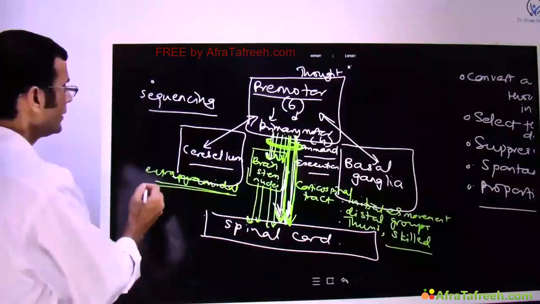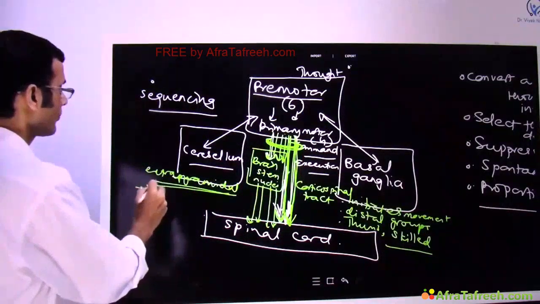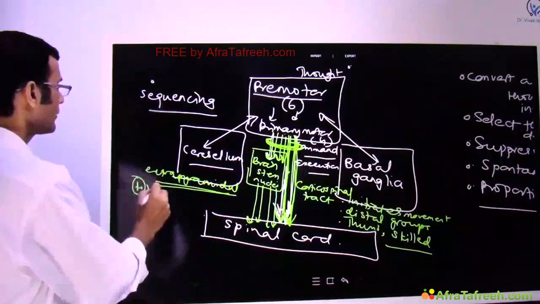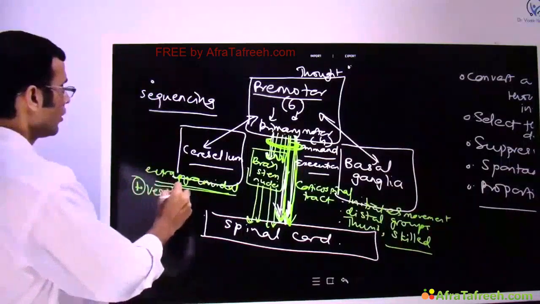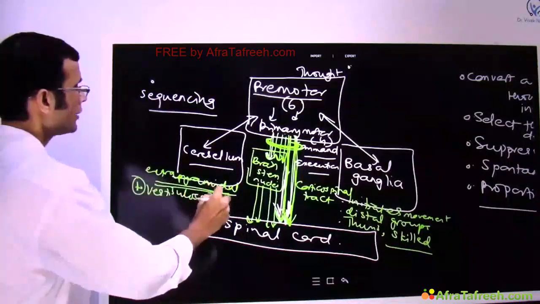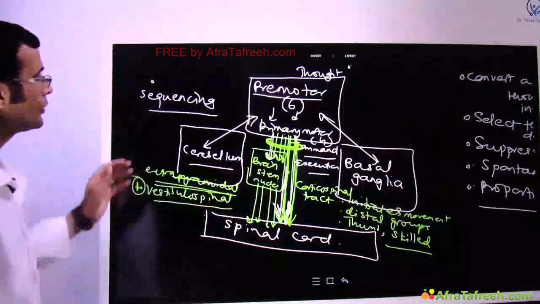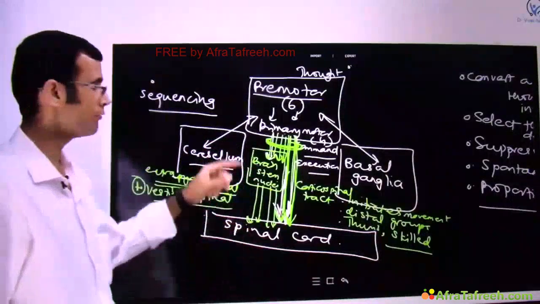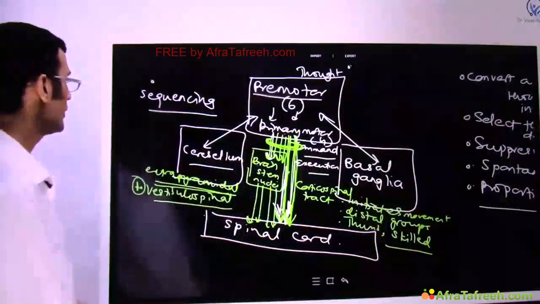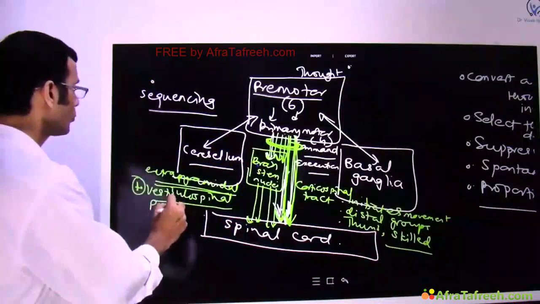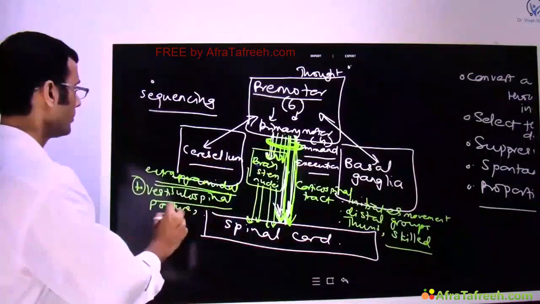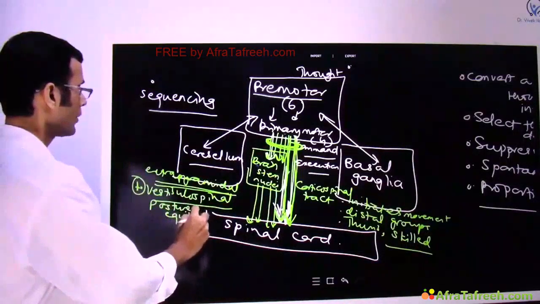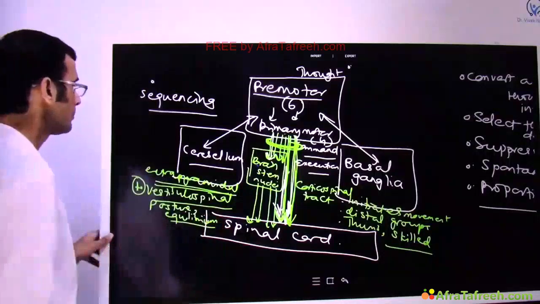What are the names of those extrapyramidal tracts? 4 extrapyramidal tracts. 1. Vestibulospinal tract. From vestibular nuclei of the brain stem to the spinal cord. Vestibulospinal tract. It does what? It controls posture and equilibrium.